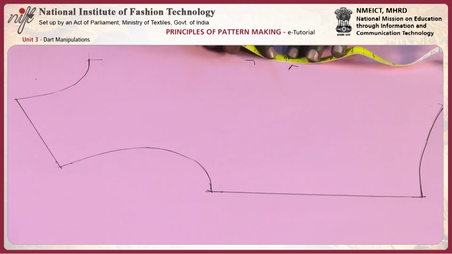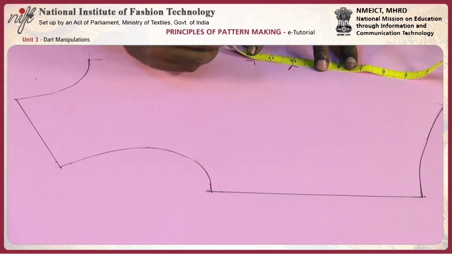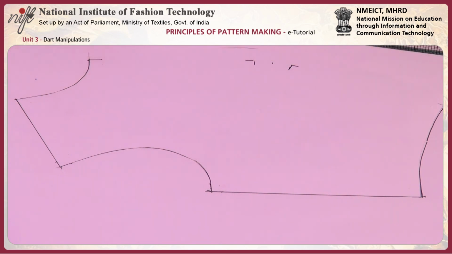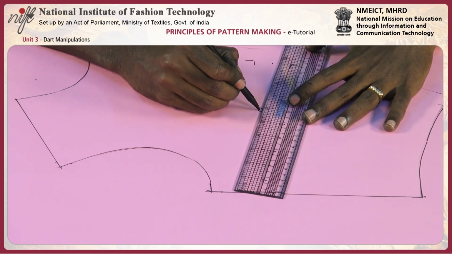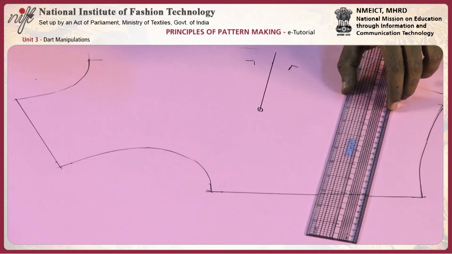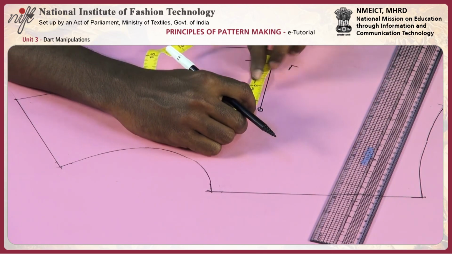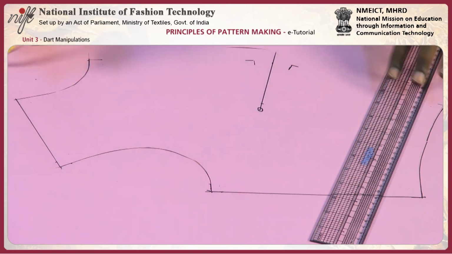Mark the midpoint of the dot. Mark the bust point. Connect the bust point to the midpoint of the dot. Mark half an inch away from the bust point.